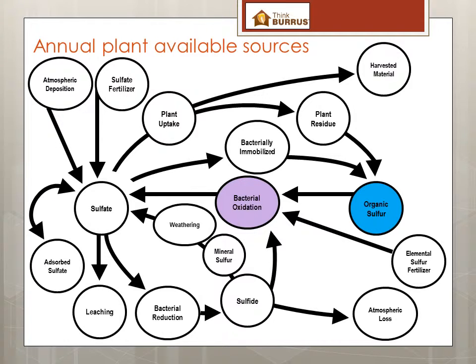And so we go through a process called mineralization, and a big part of mineralization is what we call bacterial oxidation. So organic sulfur sits there, it starts to get chewed up by this bacterial oxidation, and then eventually we get sulfate available to the plant, it's able to take it up, and we get to the point we want to get to.